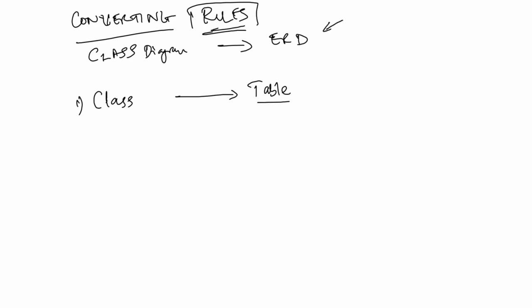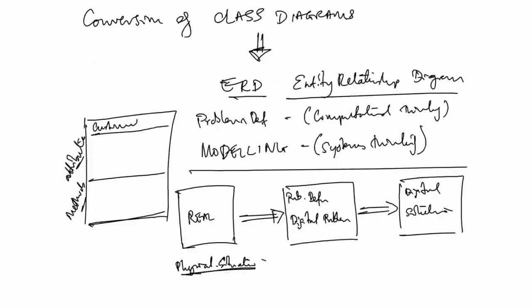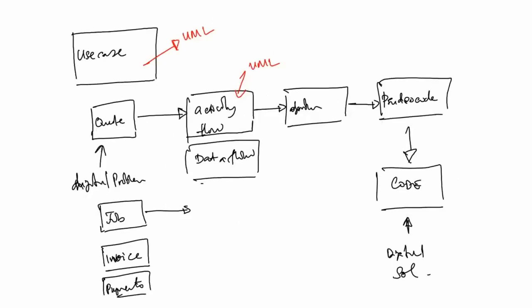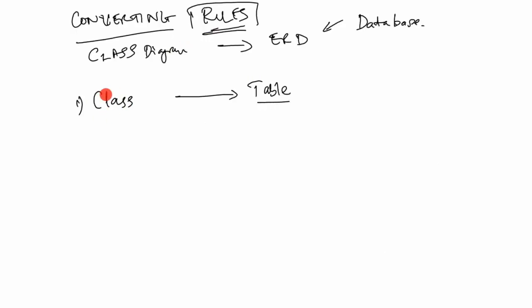ERD is an entity relationship diagram, but this here, within coding, is a database. When you look at the whole process, your code, activity flow, algorithm, pseudocode to code, that digital problem moving to digital solution is also shown here.